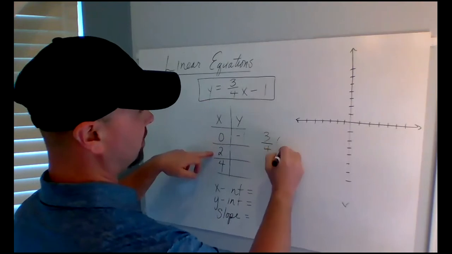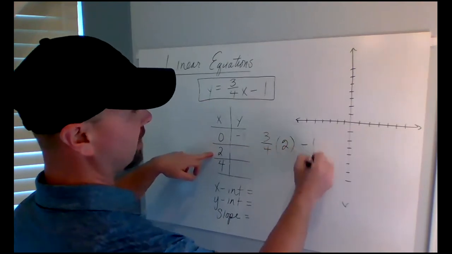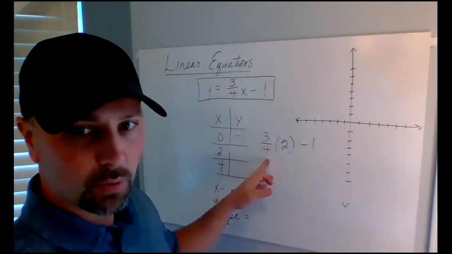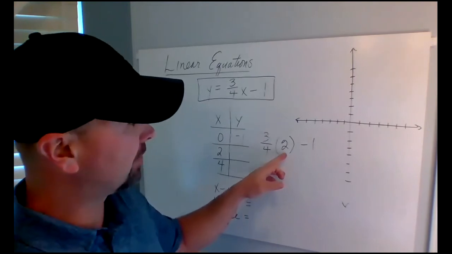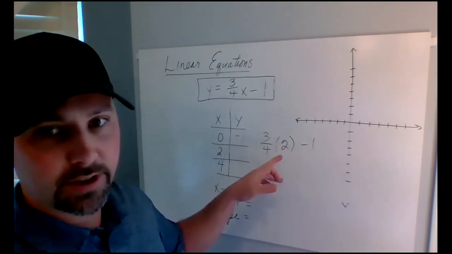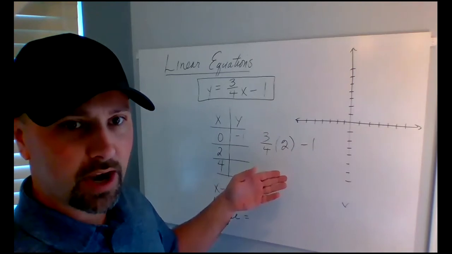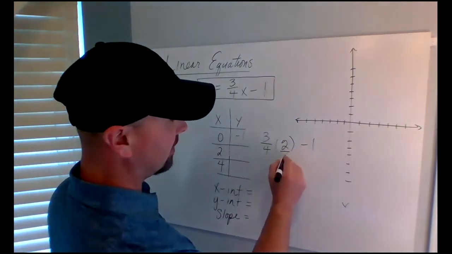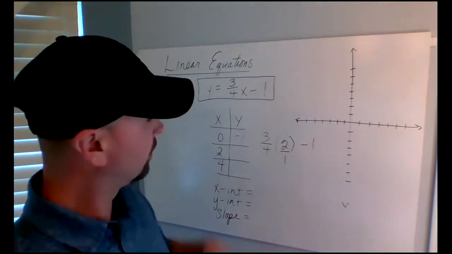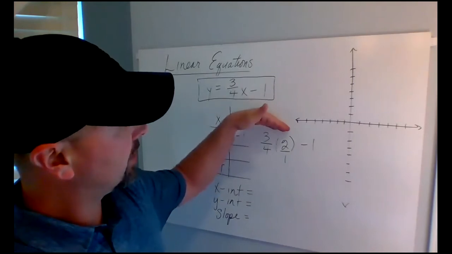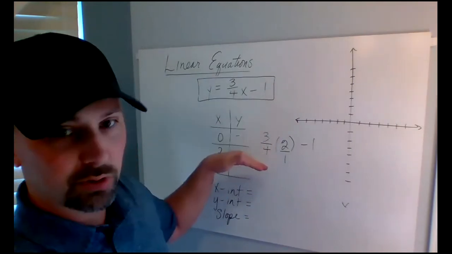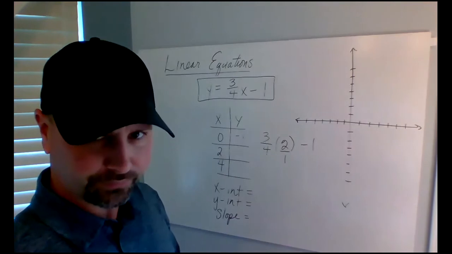3/4 times x, which we're saying is 2, minus 1. Now when we multiply fractions times whole numbers, our first step is really put that whole number into a fraction form by putting it over 1. Okay, so now we're doing 3 over 4 times 2 over 1, or 3 times 2 over 4 times 1.